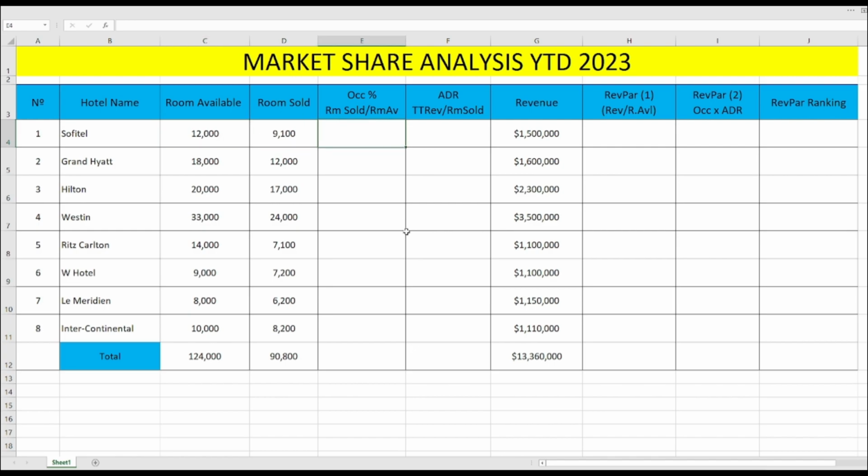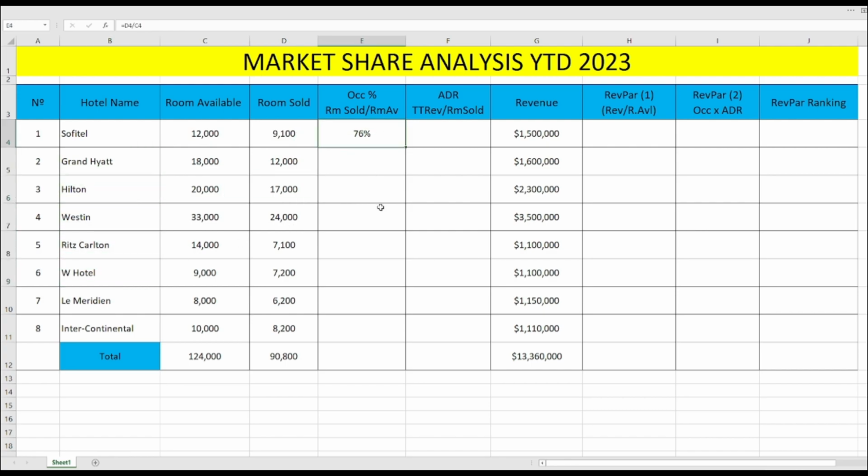So for Sofitel, number of rooms sold divided by number of rooms available gives 76% for Sofitel. Let's do the same for all other hotels.